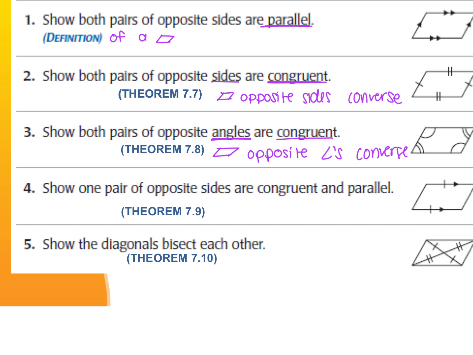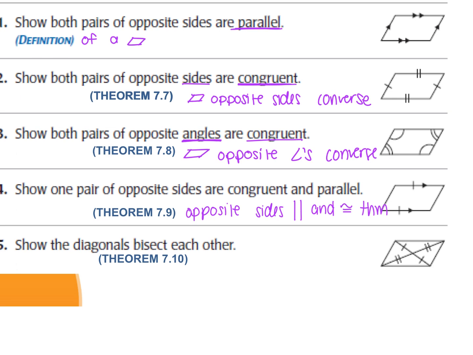This one is the opposite sides, parallel and congruent theorem. And then the last one shows the diagonals bisect each other. This is parallelogram, diagonals, converse.